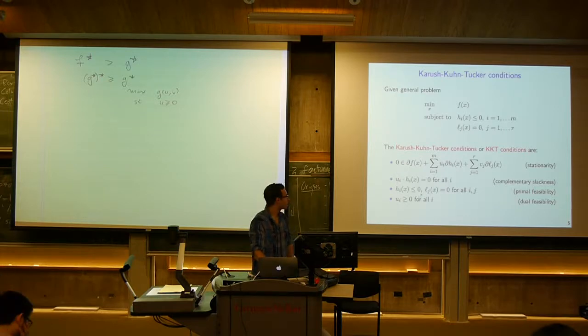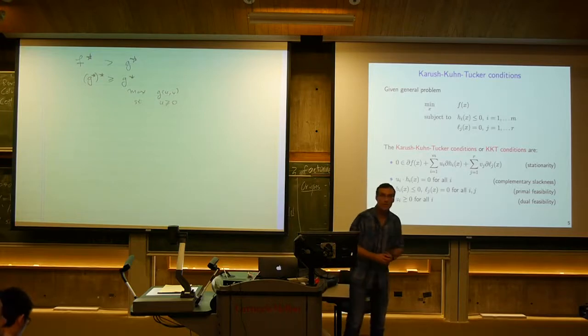And the last 2 conditions are just primal and dual feasibility. So I must have x that meets all the inequality and equality constraints, and I must have u being non-negative in each component.